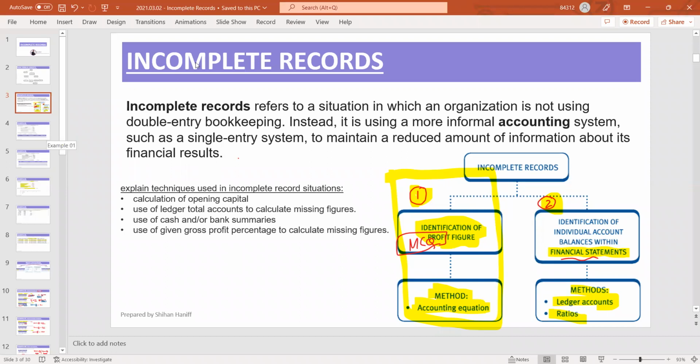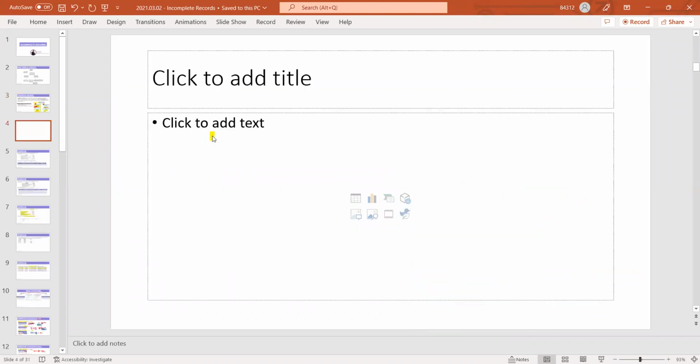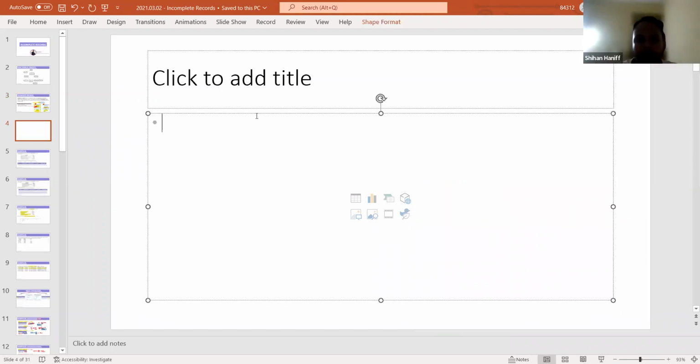So what is the accounting equation? As you all know, the accounting equation. Can someone tell me the accounting equation?